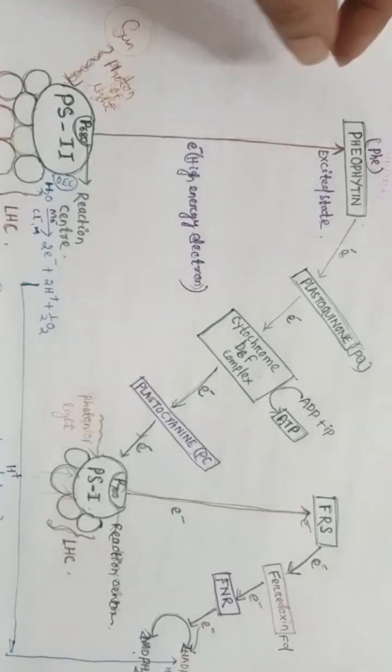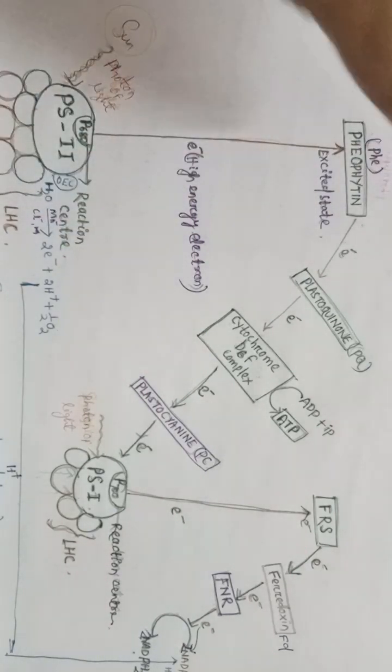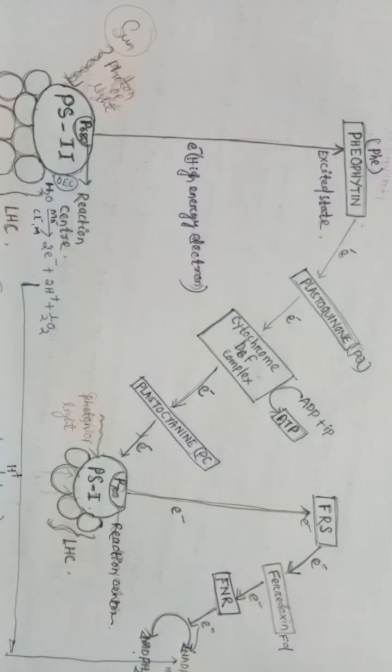So this pathway, or this movement of electron, is known as non-cyclic pathway. And generally, through this mechanism, the light reaction occurs in the thylakoid membrane.